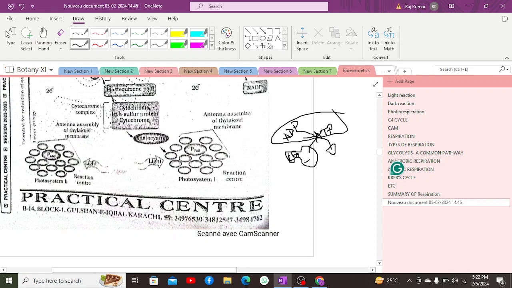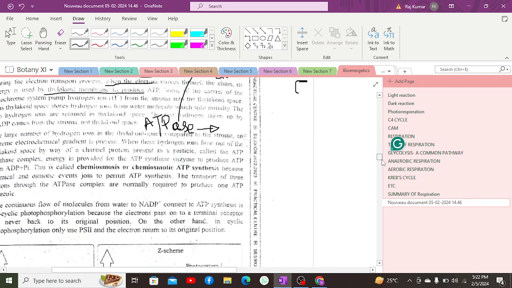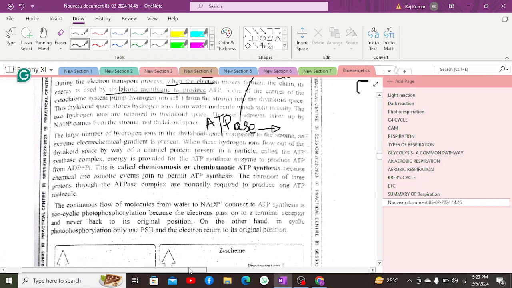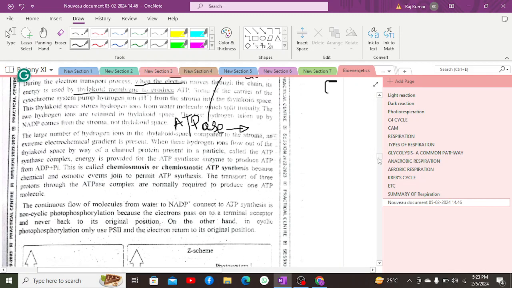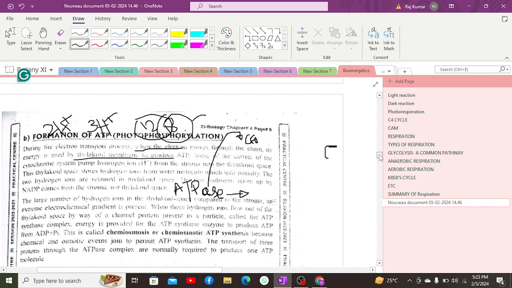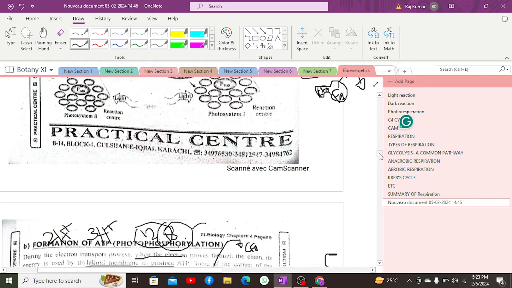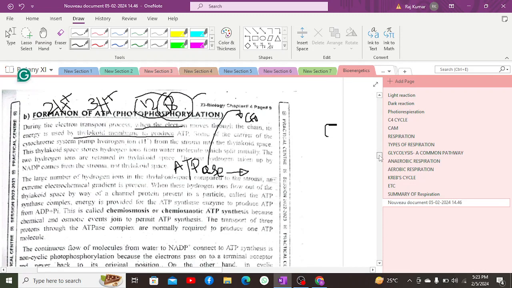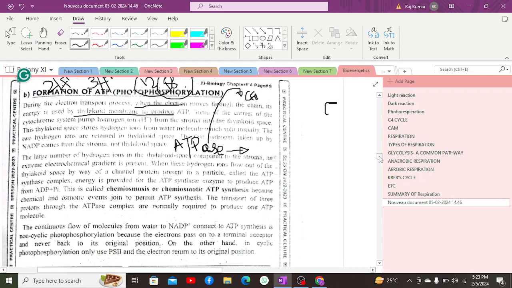Secondly, the F1 particle is a particle which is protruded a bit outside, into the stroma. This is how the process will occur. When the protomotive force is utilized by the ATPase complex, it will use that force to convert ADP into ATP, as a result of which there will be production of ATP molecules.